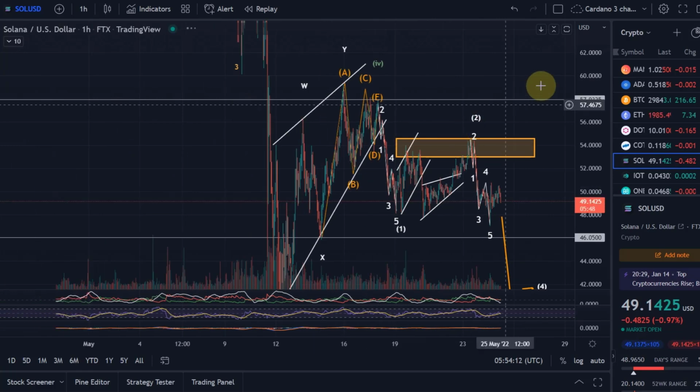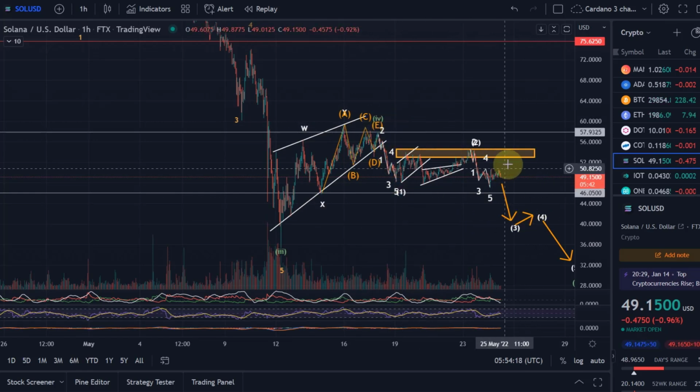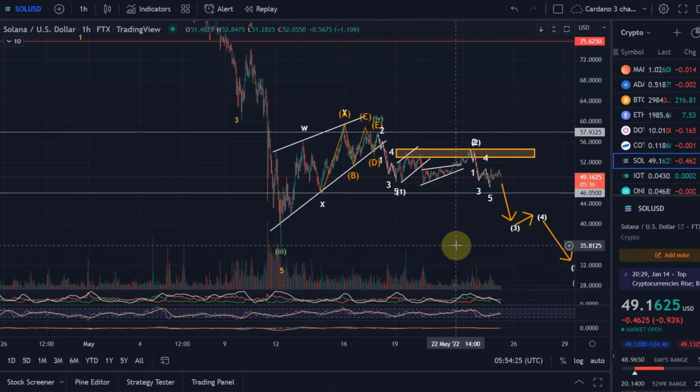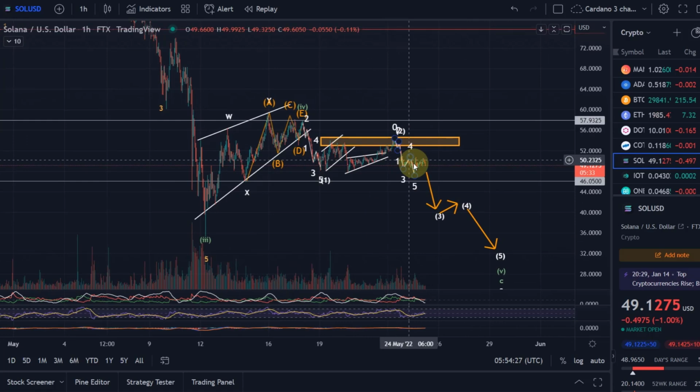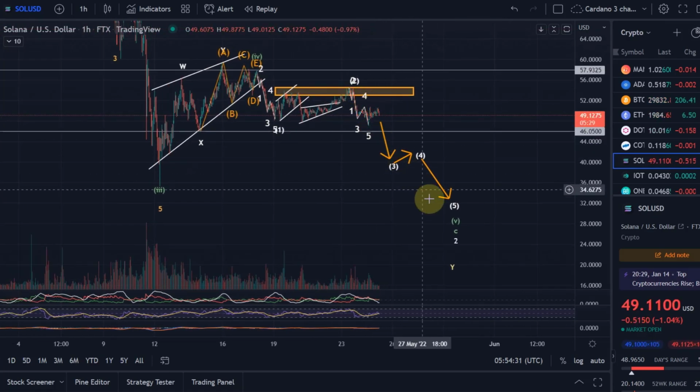And then we would need to look at some kind of a more complex structure here, maybe still in the wave 4. Not really a friend of that, because I really hope as well that we finally start this move down, because I'm convinced that we need one more sell-off.